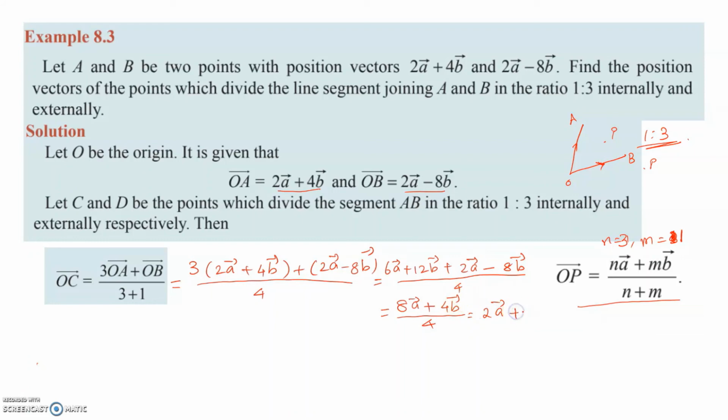Similarly, for external division, if the point P lies outside and divides it in the ratio 1:3, then this is our formula.